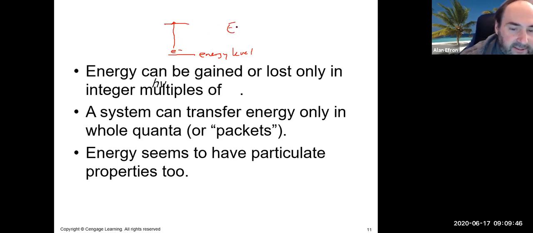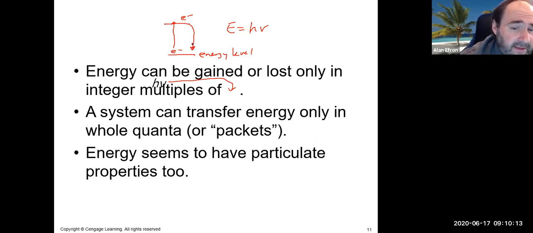That energy is represented by h times the frequency. Vice versa, if it started up here on top and wanted to come back down, it would release enough energy to do that. And that's what's known as a quanta of energy.